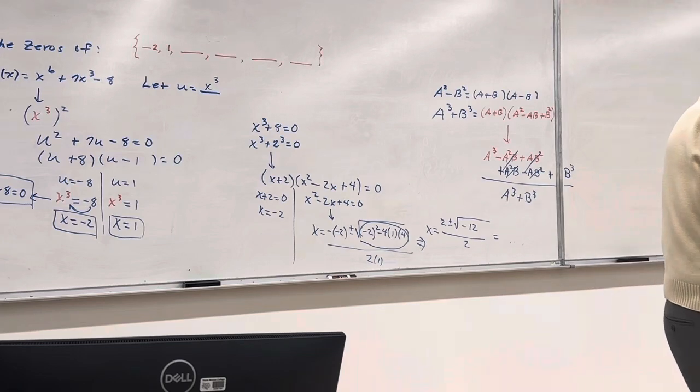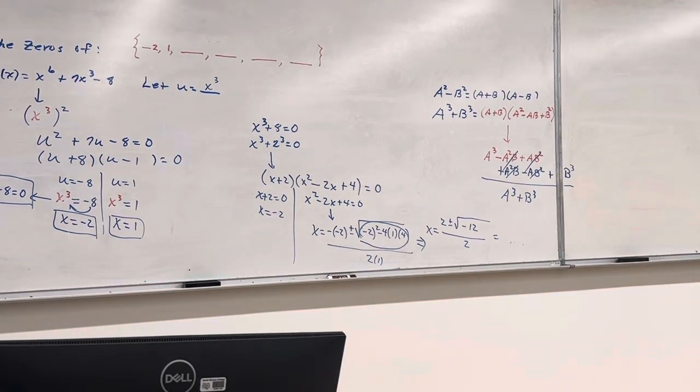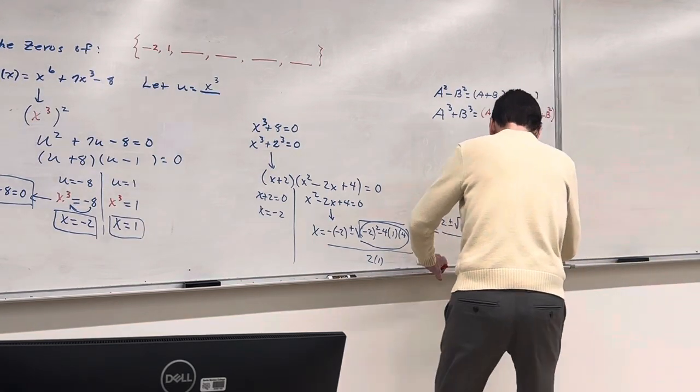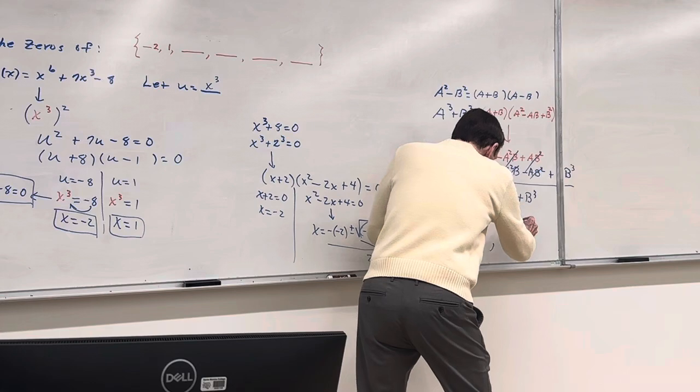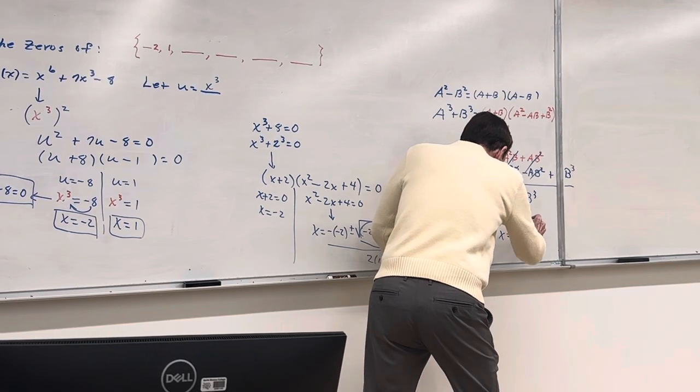And now, this takes me right back to what we were doing earlier. I can't deal with square root of -12 unless I do what? Unless I go into the imaginary numbers, the i's. Okay, here we go. So this is x equals 2 plus minus.